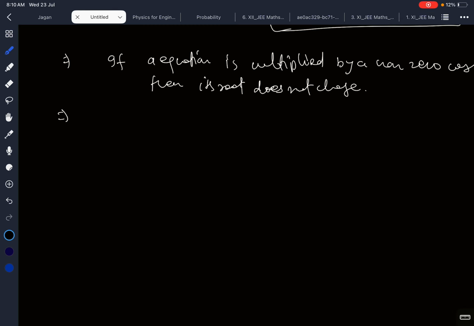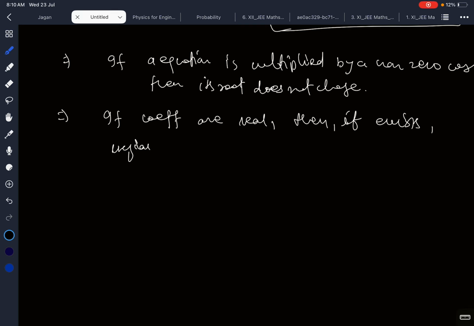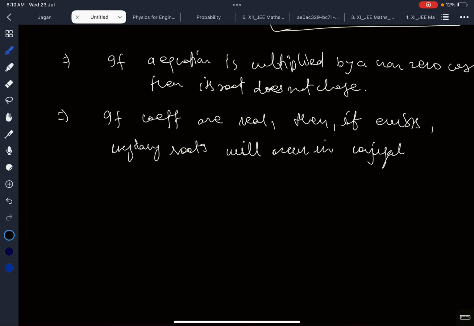I'm saying if coefficients are real, then if there exist imaginary roots, they will occur in conjugate pairs.